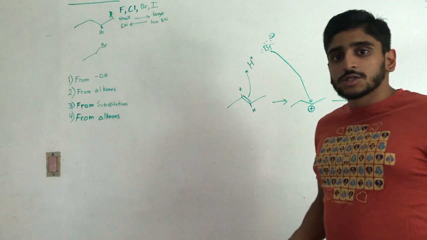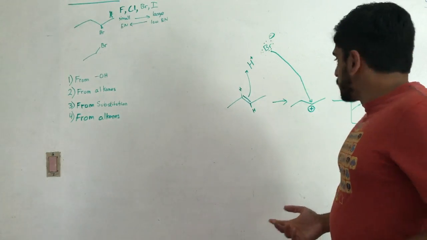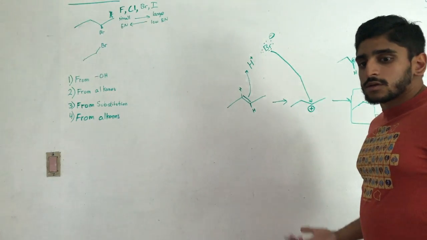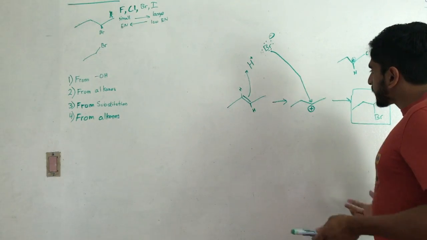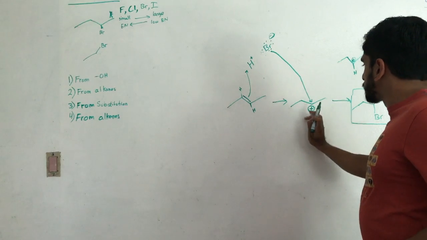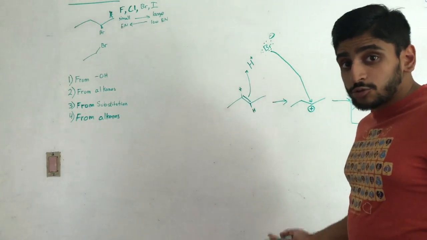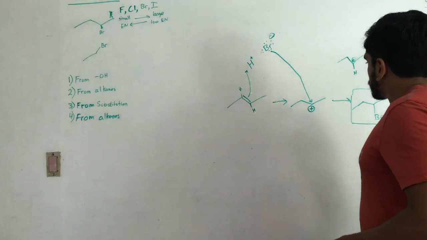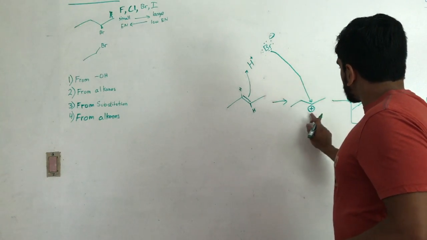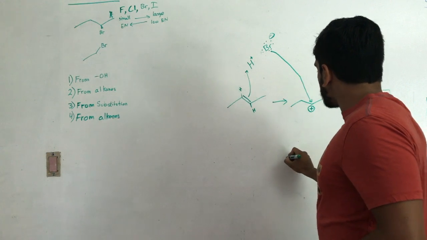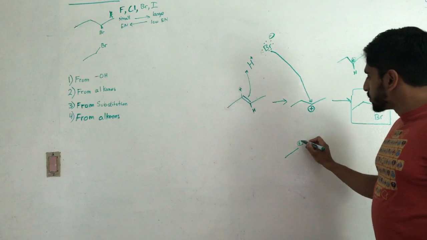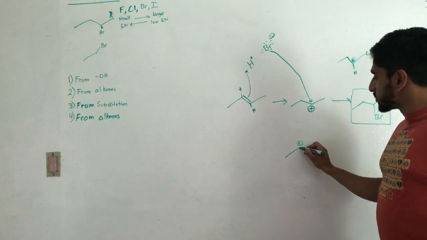Now, when we're making these haloalkanes, the mechanism proceeds via a carbocation. And carbocations in general like to be bonded to other carbon atoms because that helps stabilize the positive charge. As carbon really likes to be neutral, it doesn't like either a positive or negative charge. So, for example, you have primary carbocations, which are essentially just a CH2 and a plus instead of a CH3.